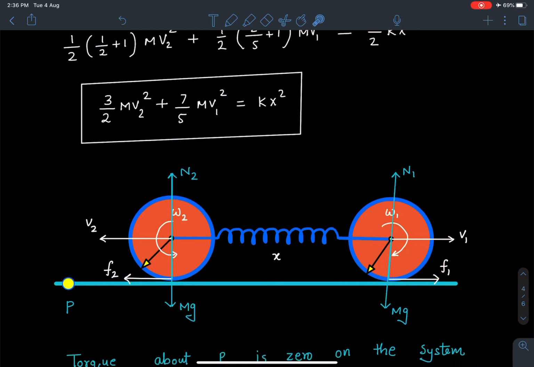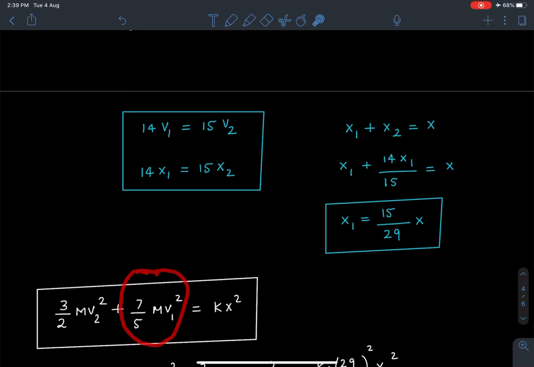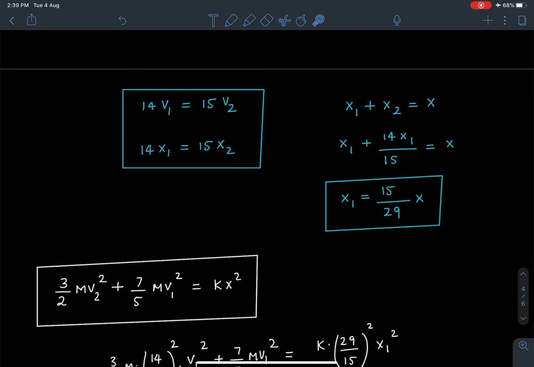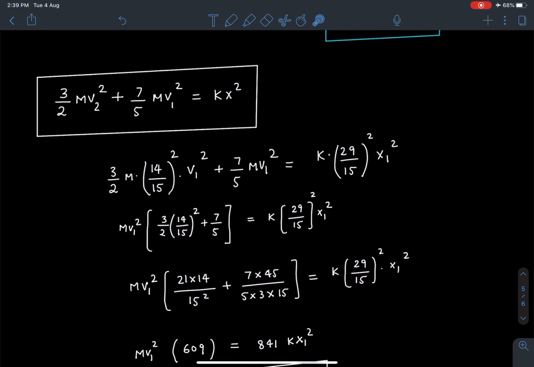But if I'm keeping v1 here, I should be getting x1 on this side, converting everything into v1. Then I can compare and comment on the angular frequency of SHM. So what I'm going to do in this case, x value I'm substituting in terms of x1 and v2 I'm substituting as v1.